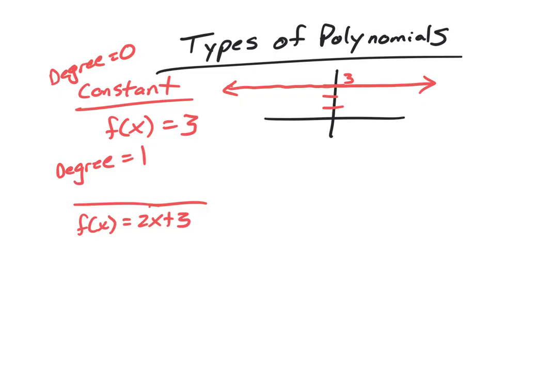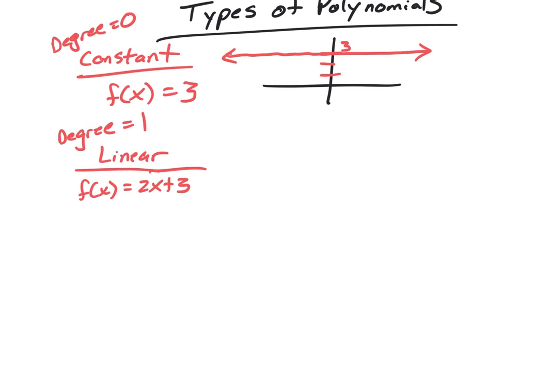Starts with an L. What kind of graph would this make? Seen it before? Linear, right? It makes a line. Okay? Slope-intercept form, right? It's just a linear equation. And so y equals 2x plus 3 is a linear equation. Degree of 1 is a linear equation.